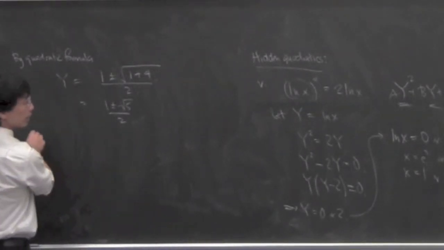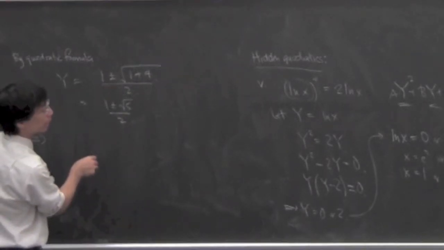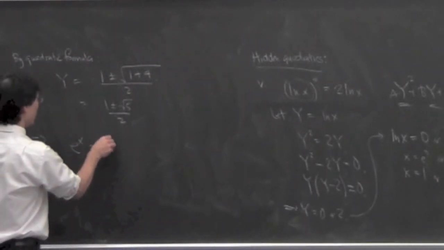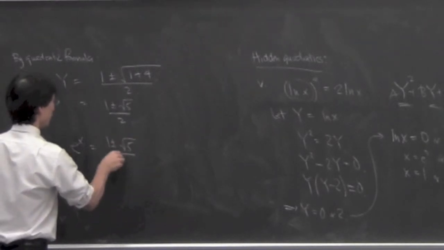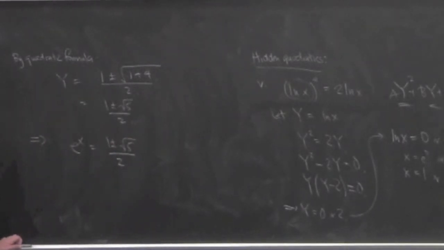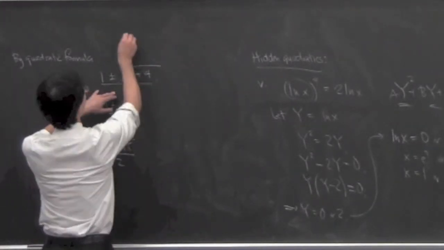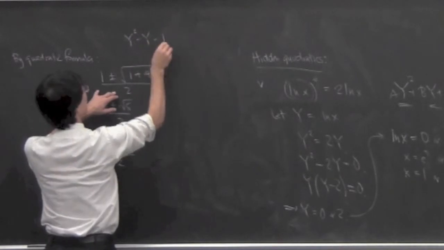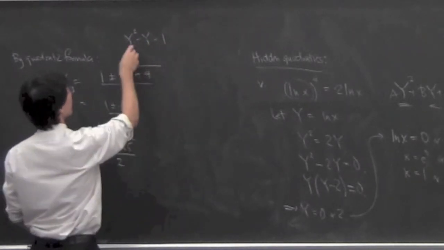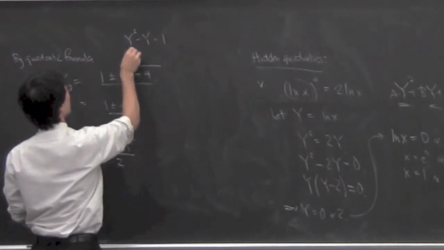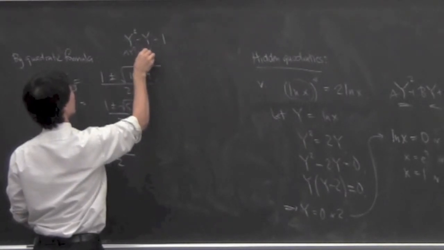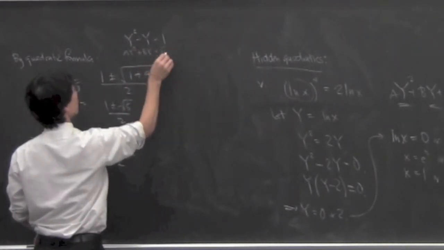So that tells us, going back to our original guy, e to the x is 1 plus or minus root 5 over 2. Where are you getting these numbers from? Like 1 and 4. This is the quadratic equation, right? You've got y squared minus y minus 1, so here's your a, b, and c.